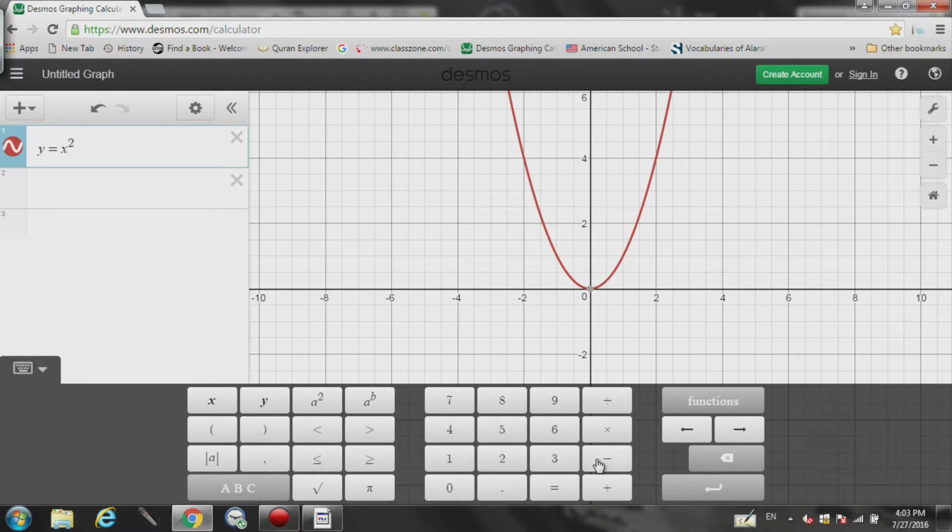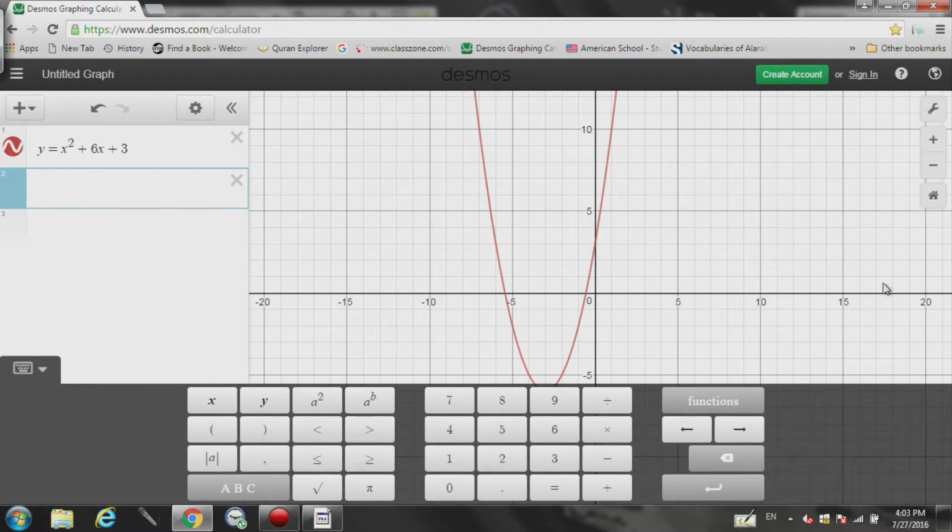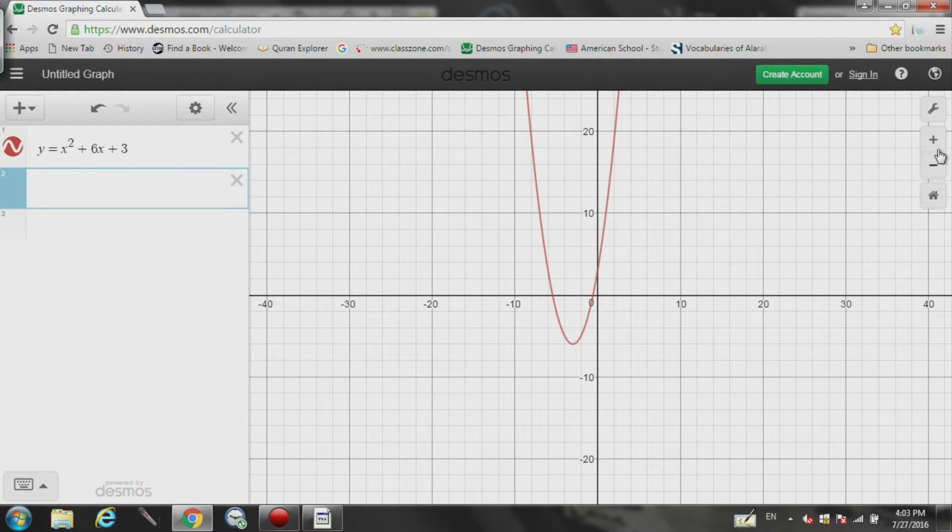Y equals x squared plus 6x plus 3, like that. Vertex, -3, -6, 0, 3. Understand?